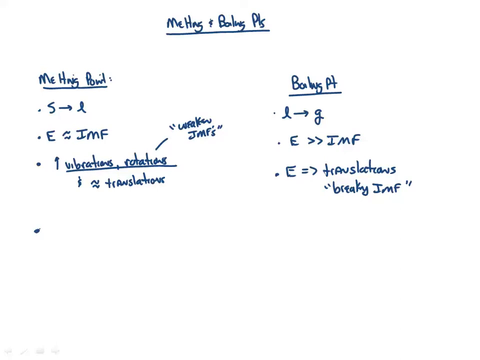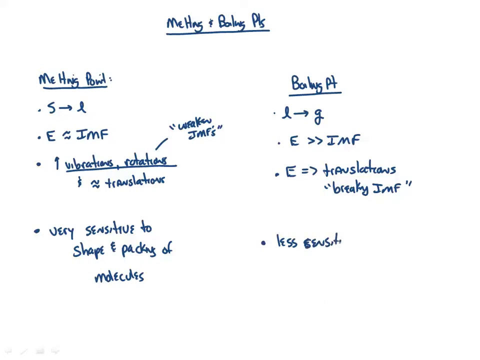If we take a look at it, it turns out that melting points are very sensitive to the shape of a molecule and the packing between molecules, and that boiling points are less sensitive to shape and packing and more sensitive to the strength of the intermolecular forces.